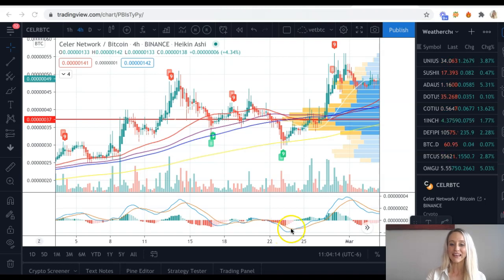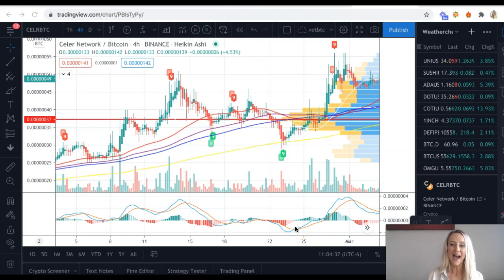So right here was oversold, okay? Had your cross here for your bullish cross, and it snapped back up. So that's perfectly showing you oversold, overbought, as well as you have a change in the histogram. You also have a change with the MACD cross. So it's multiple different signals that the MACD just gave you.